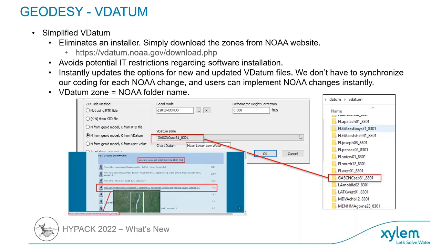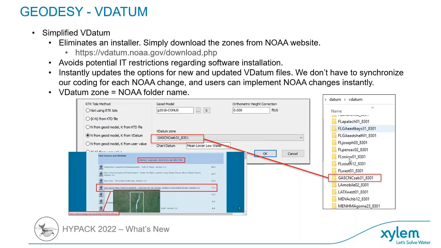This is the only way we could do it right now, is that you grab that folder from the NOAA website. It's a zip file and everything's stored in a subfolder, and a little bit cryptic, but if you're downloading 1 or 2 zones, it's pretty obvious. And then if you go to the NOAA website, you'll see the long name that's listed there.